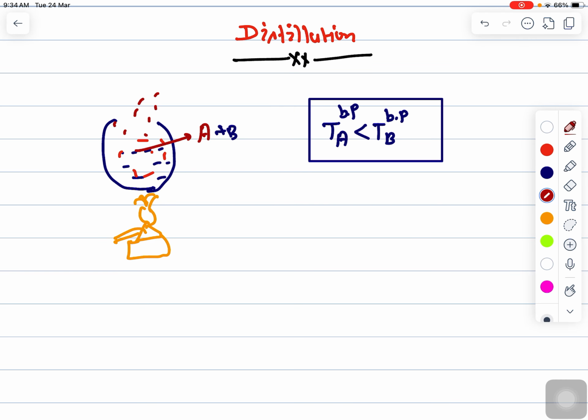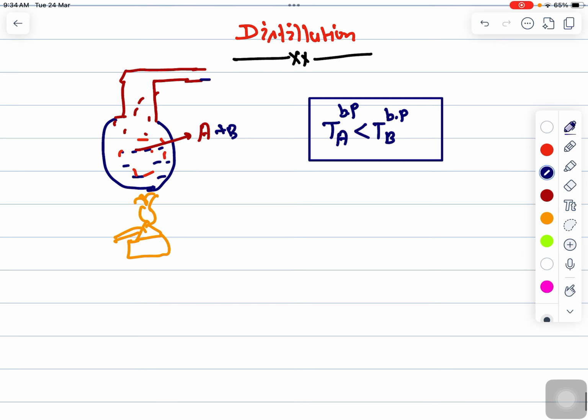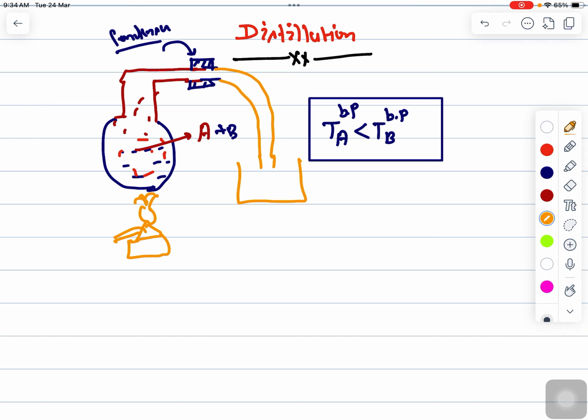And once it gets evaporated, you connect this vessel with the system, where there will be a condenser attached to it here. Let's say you have a condenser here, right? And due to this condensation, you will collect the more volatile component here, eventually.